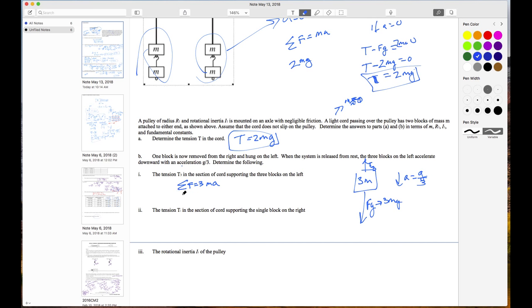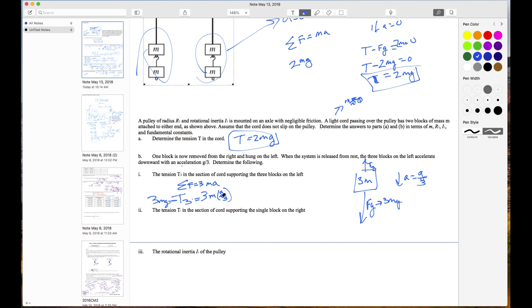So the sum of the forces: 3mg, the force downward, the greater force, subtracting the smaller force T3, equals 3m times g over 3.